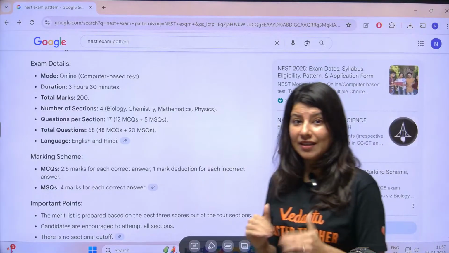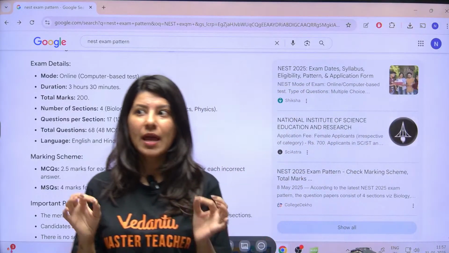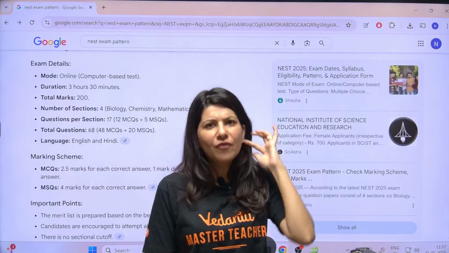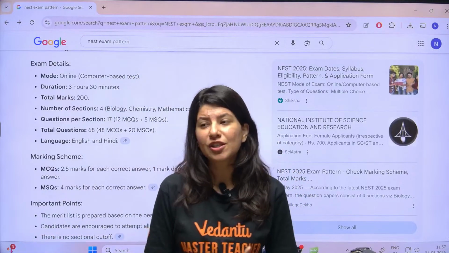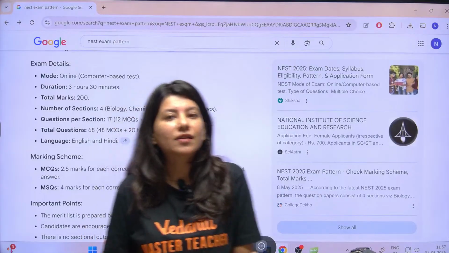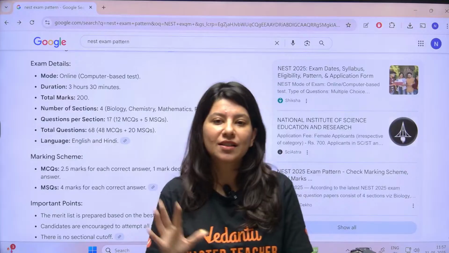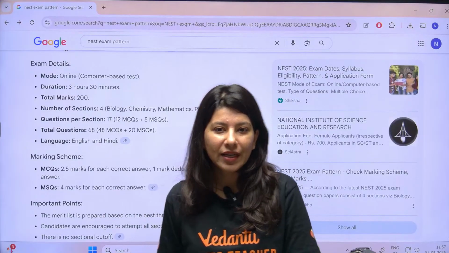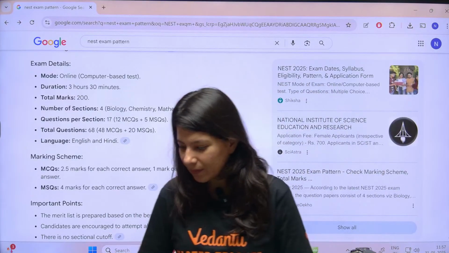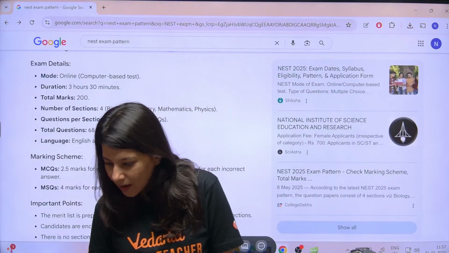But the marking scheme is different for the MSQ multi-select question, for obvious reasons. The multi-select pattern itself is quite difficult, so 4 marks for each correct answer you will be rewarded. All right, getting it, understanding it.